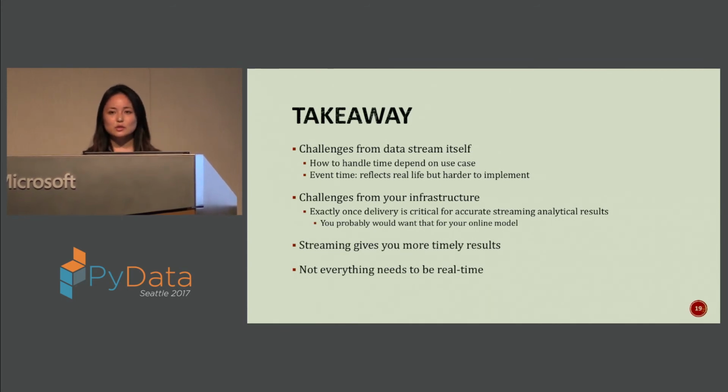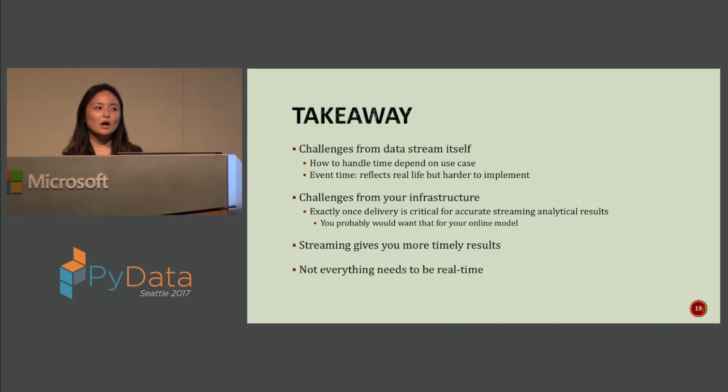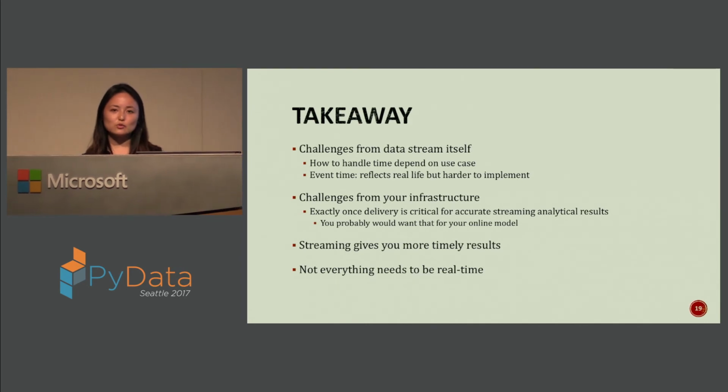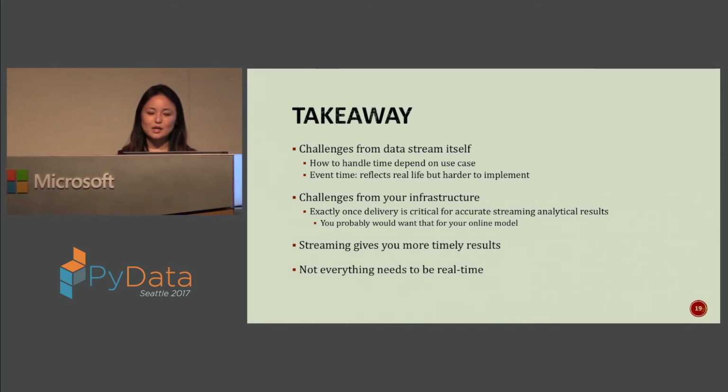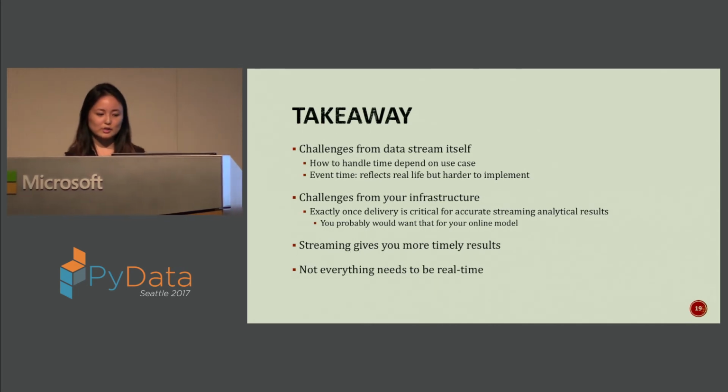Event time usually reflects the real time more, but it can be harder to implement. For example, if you want to aggregate events that happen in 15 minutes, it may require 30 minutes of processing time because some messages may arrive in your system with a bit of delay. The second is the challenges from your infrastructure itself.